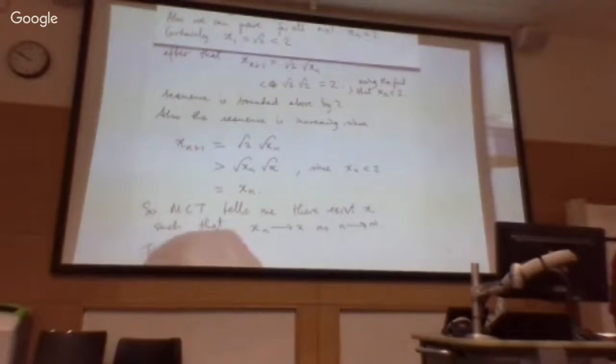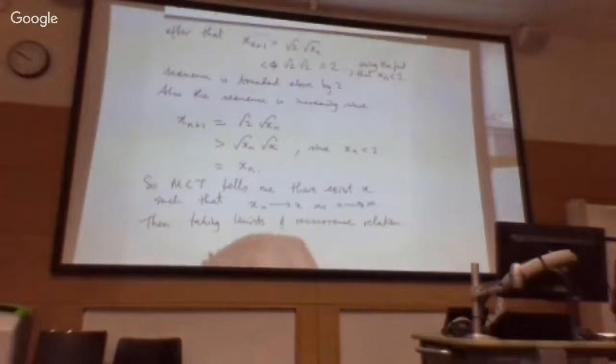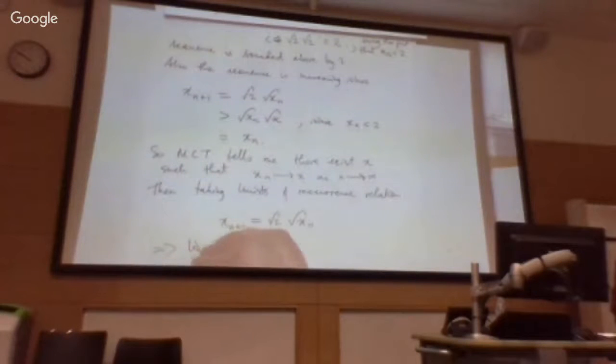Then taking limits of the recurrence relation, the recurrence relation says xn plus 1 is the square root of 2 times the square root of xn. If I take the limit of both sides of that, the limit of xn plus 1 is equal to the limit of the square root of 2 times the square root of xn.